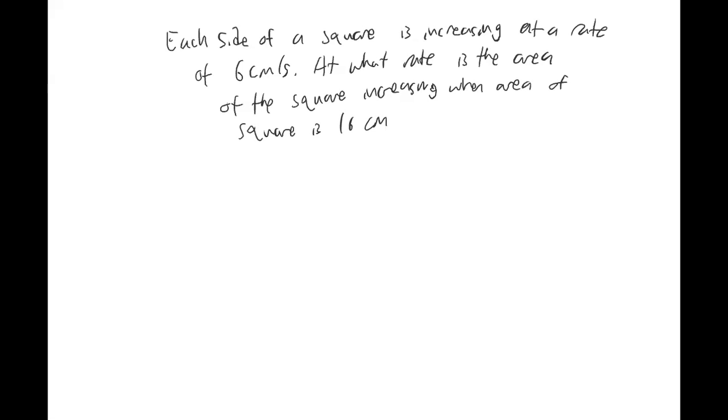Obviously it's asking for something with the rate of area, so you should use an equation with area. What's the area of a square if I give you the square has side length s?